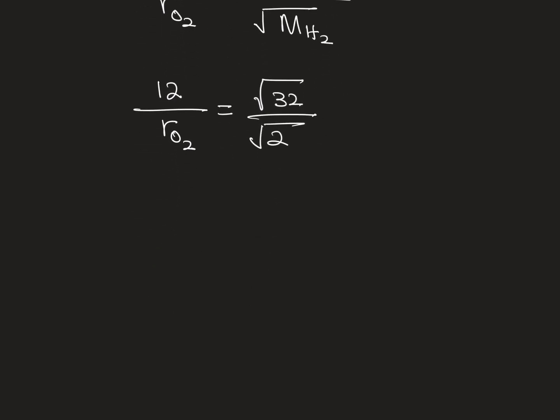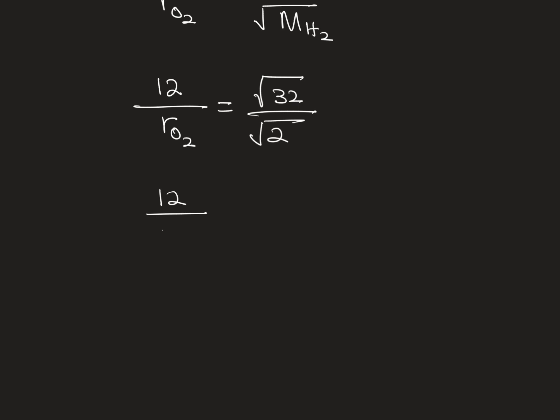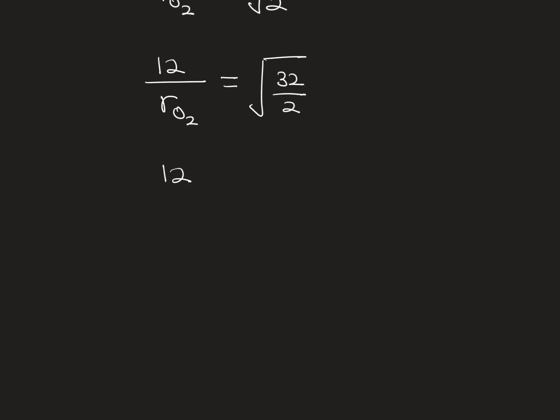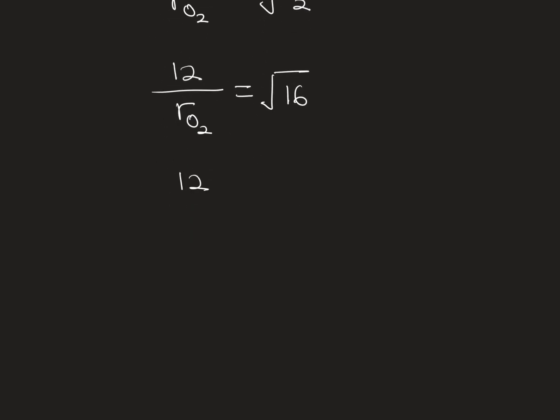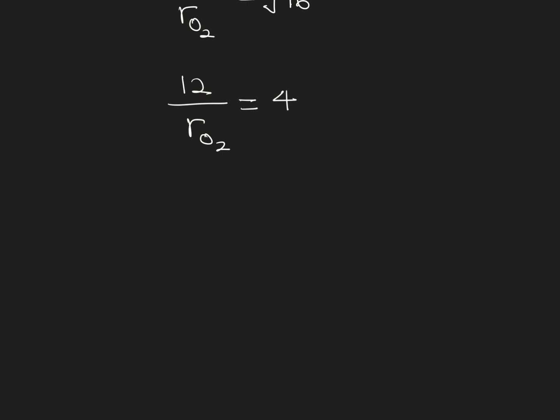So that is 12 over the rate of diffusion of oxygen gas equal to the square root of 32 divided by 2, which is 16. So we have 12 over the rate of diffusion of oxygen gas equal to the square root of 16, which is 4. So what do we do? We cross multiply.